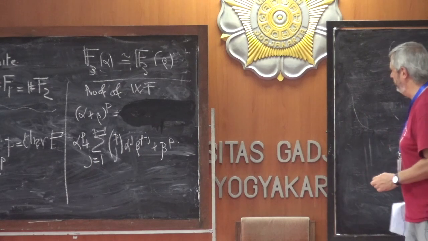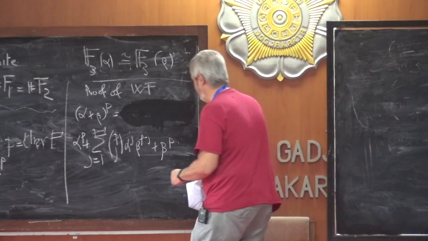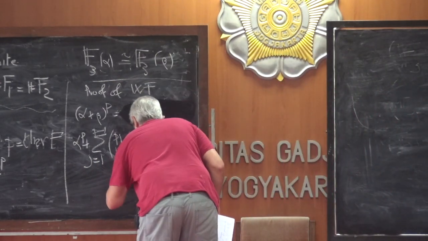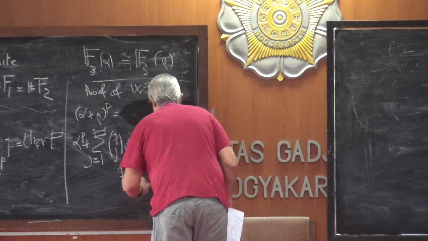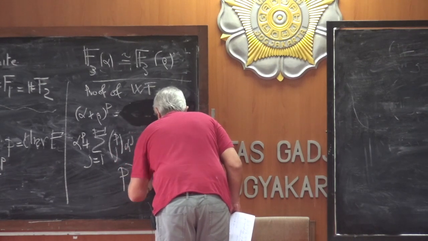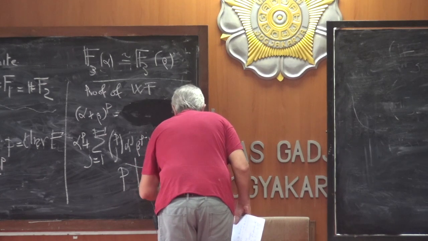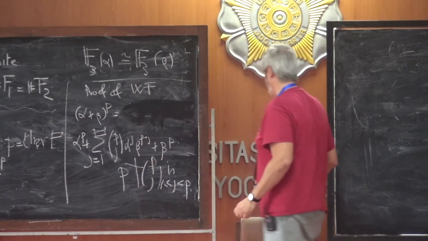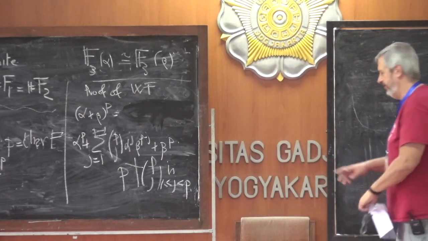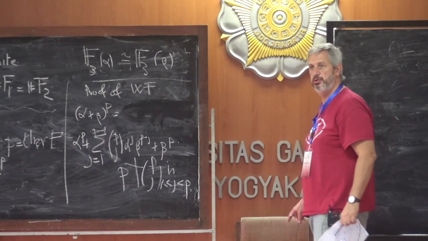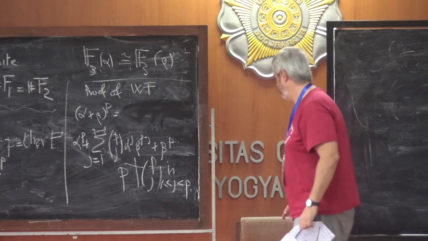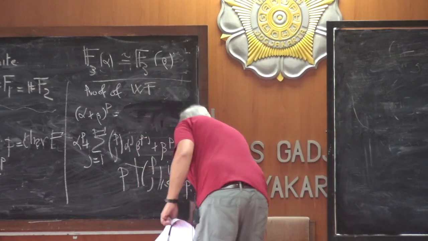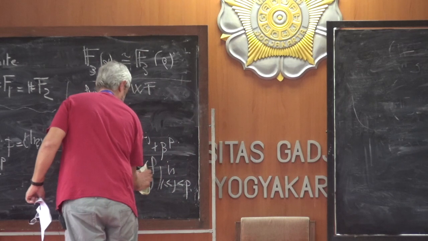This is the Newton formula. And now you notice that P always divides P choose J if J is bigger or equal than 1 and strictly smaller than P. Okay? Divides. Sorry. Divides. Yes.